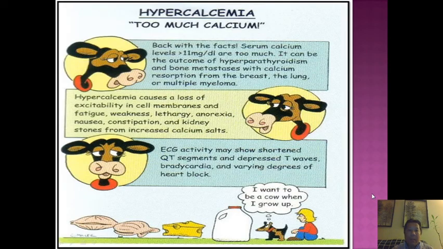So, how about hypercalcemia? What's the danger of having hypercalcemia? Hypocalcemia can cause involuntary muscular contraction, but hypercalcemia will cause a loss of excitability in the cell membranes, and it can lead to fatigue, weakness, decreased level of consciousness like lethargy, anorexia, nausea, constipation, and remember this calcium can form crystals like calcium oxalates and calcium phosphates that can lead to calcium salts that can lead to kidney stones.